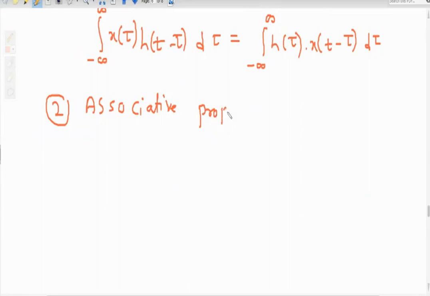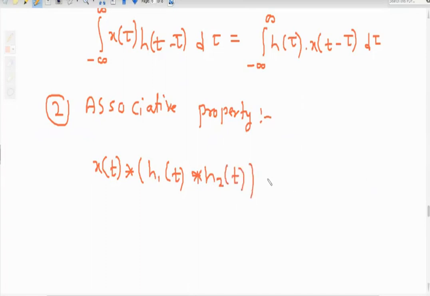According to the associative property, x of t star h1t, and then here also convolution h2t.